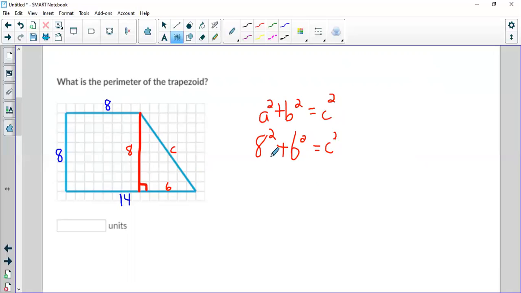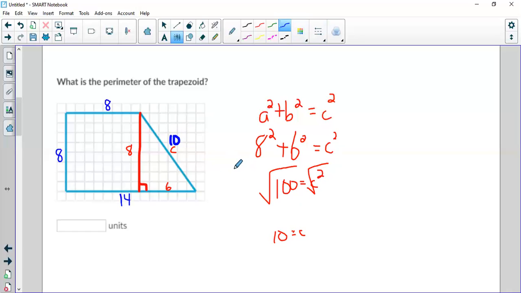And 8 squared is 64, 6 squared is 36. Add them together and get 100 is equal to c squared. And my final step in solving this has always been to take the square root of both sides. That eliminates the square. And now 10 is equal to c. So that means that this side out here, I'm going to make that blue because that's on the outside. This side out here is 10.